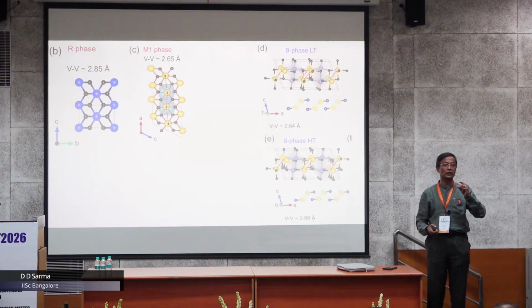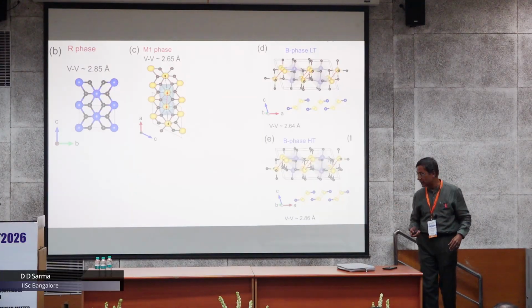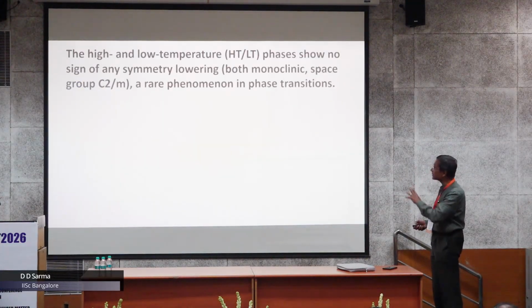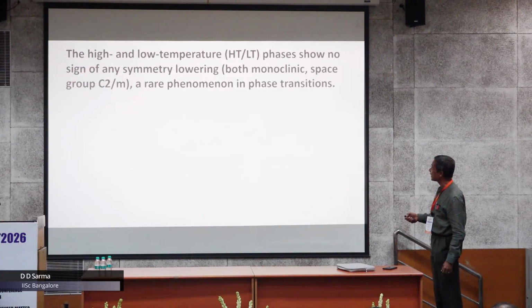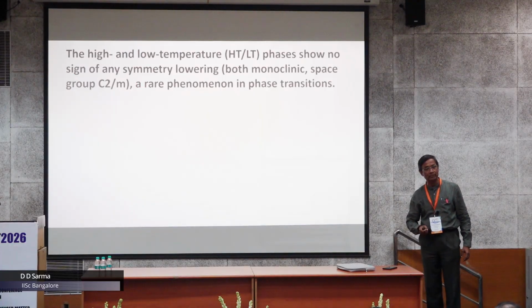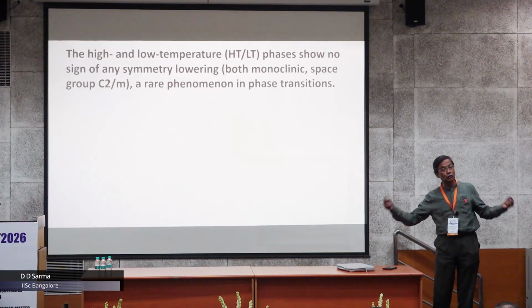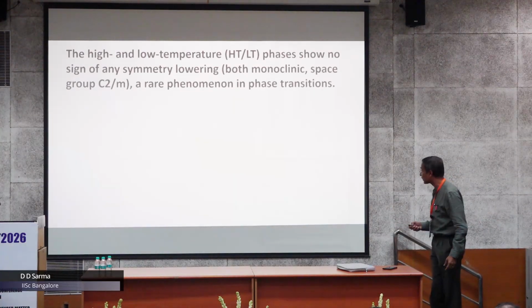The tilt increases or decreases and dimerization increases or decreases, but the structure type remains exactly the same. To summarize the rather surprising aspects of this B phase transition, the space group remains the same, C2/m, which is a very rare thing, that you have a first order phase transition connecting two phases that have the same space group, same structure.